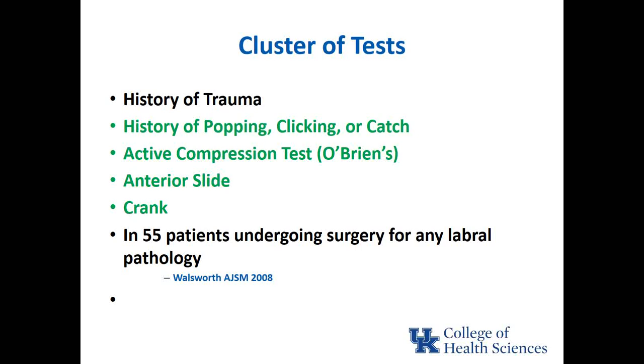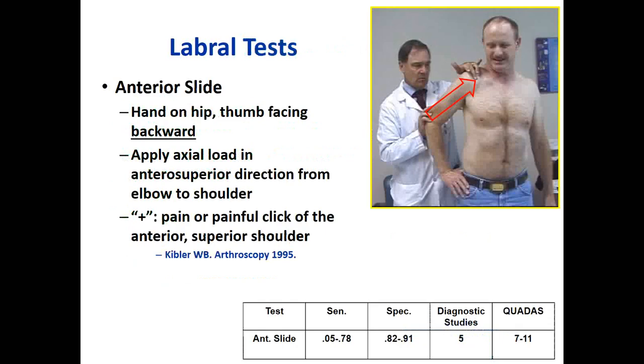And in 55 patients undergoing surgery for superior labral pathology, they were able to identify a certain percentage of those patients. So the anterior slide test was created by Dr. Kibler. Hand is on the hip, thumb facing backwards, and basically axially loading the anterior aspect of the shoulder. So basically pushing the humerus up and superiorly, and it's positive if that reproduces the pain.